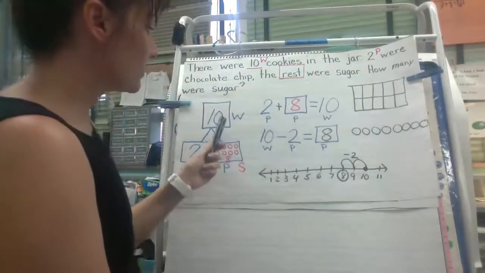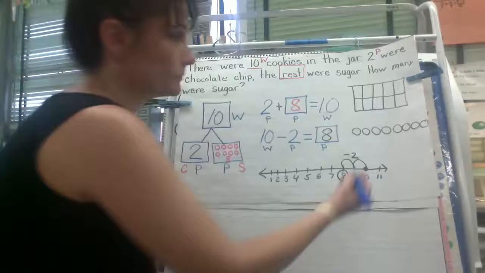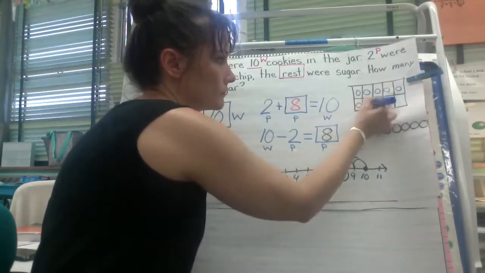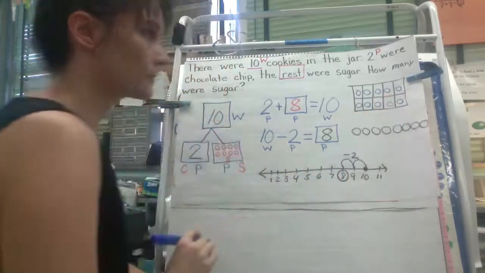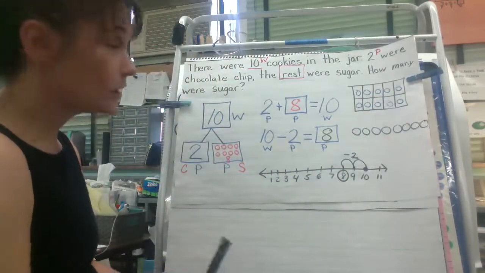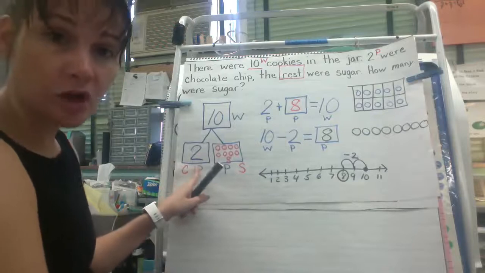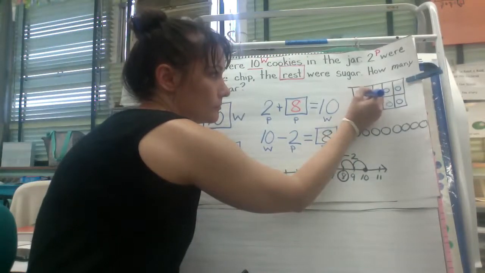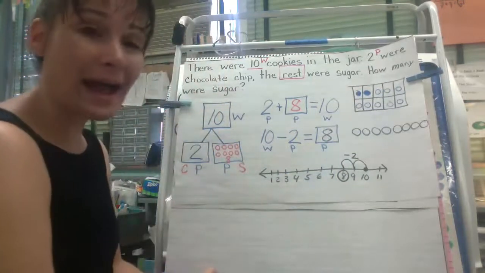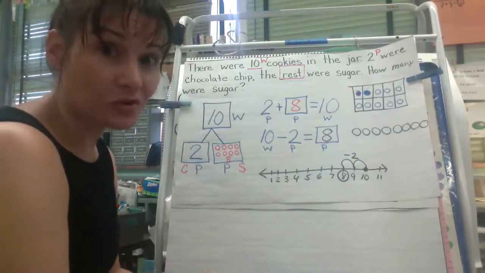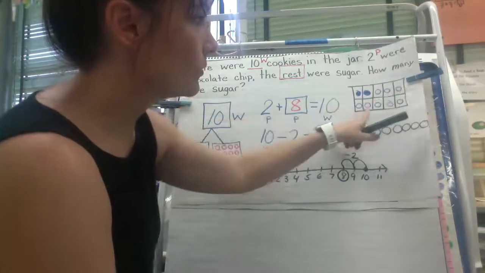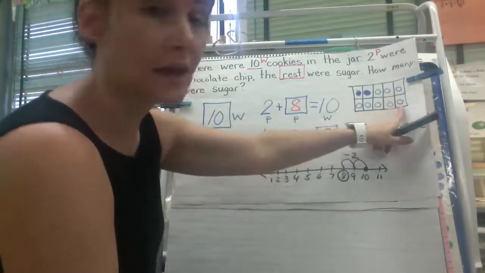So I know that there were 10 cookies. I also know that 2 of them were chocolate chip. So how many were sugar cookies? 1, 2, 3, 4, 5, 6, 7, 8.